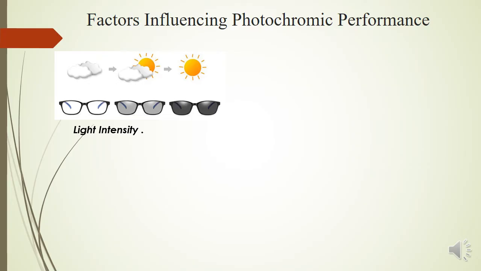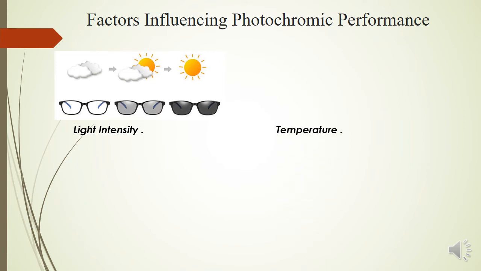If there is no UV light in the atmosphere, or less UV light, it will not get into a darkened state. But the moment there is an increase in the UV light, it will start getting darker and darker. Generally on a cloudy day we don't see much photochromic effect, but on a quite bright sunny day, it will give you a completely darkened state.